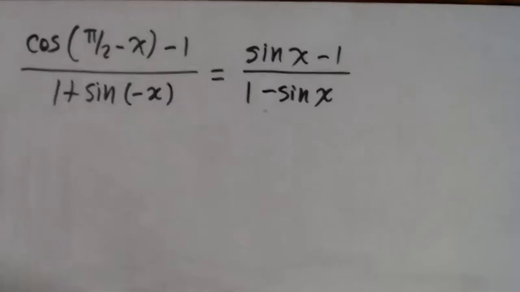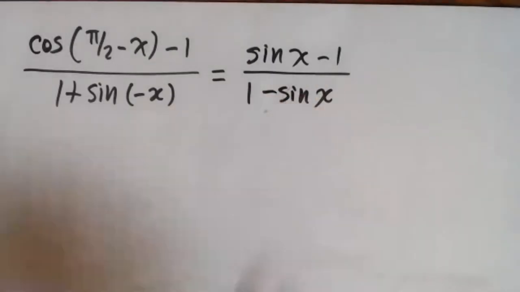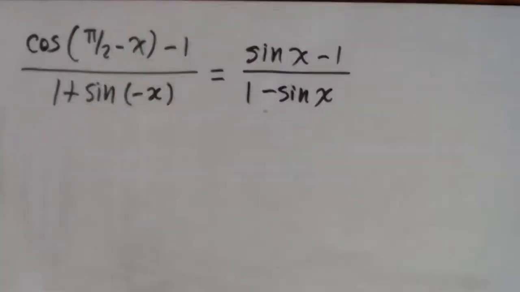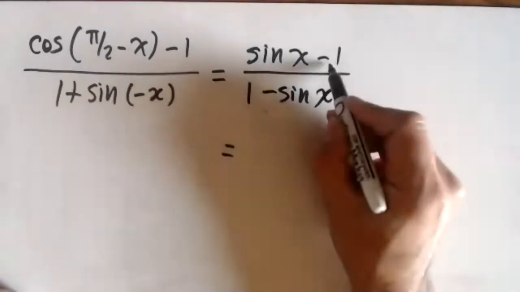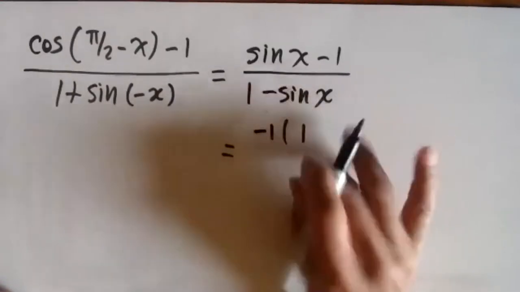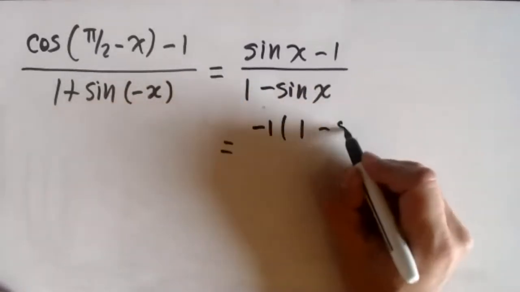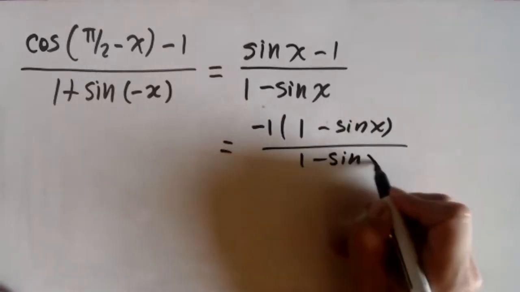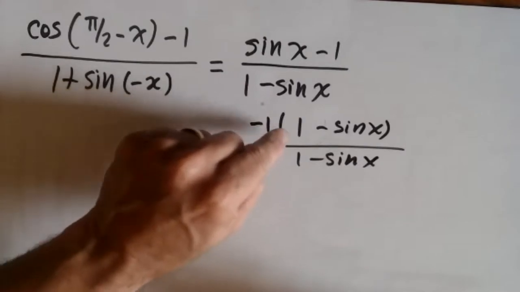Now, possibly I made a mistake because I forgot to put here a minus or a plus. Okay. So this is sine x minus 1, and this is 1 minus sine x. Are these the same? Yes. This is negative 1 times 1 minus sine x, over 1 minus sine x. You see? So what I did here, I factored a negative 1. Negative 1 times 1, negative 1.